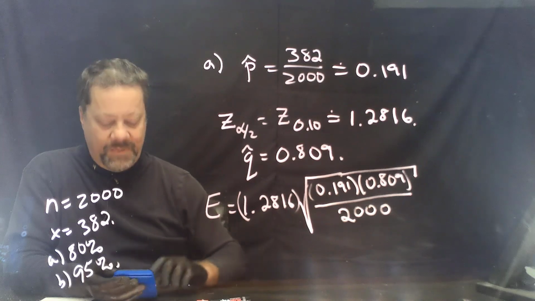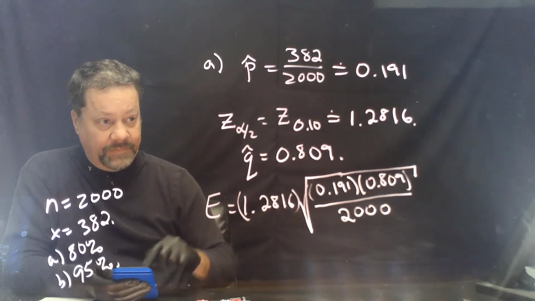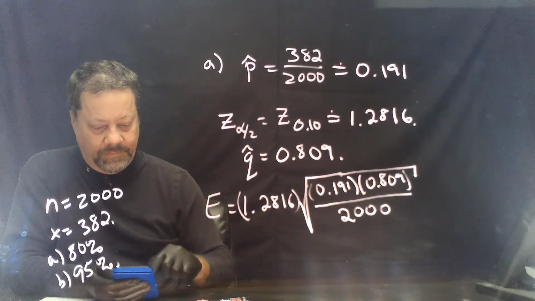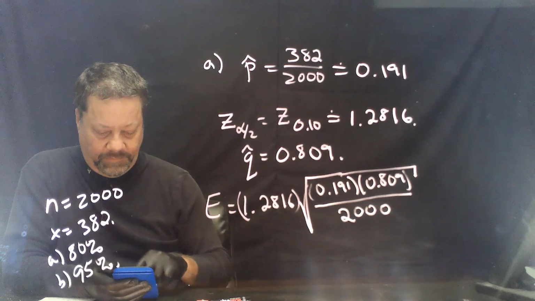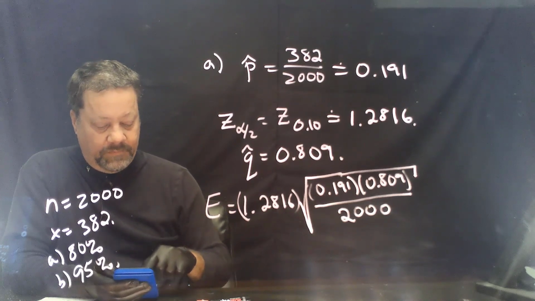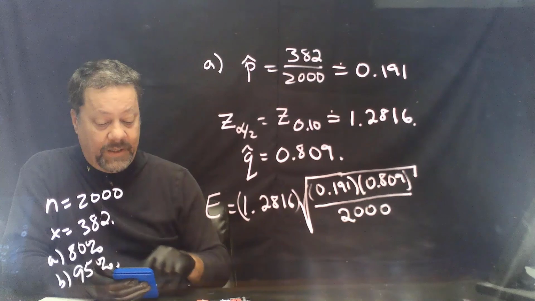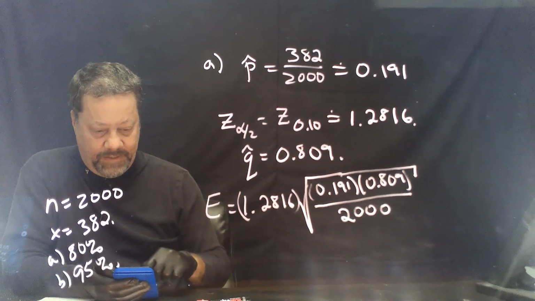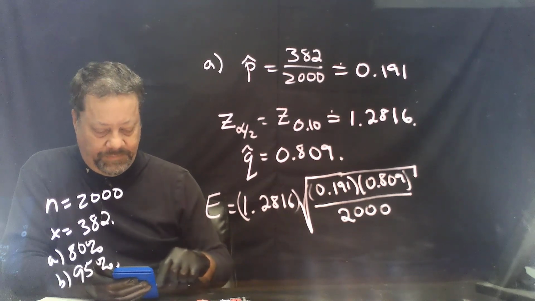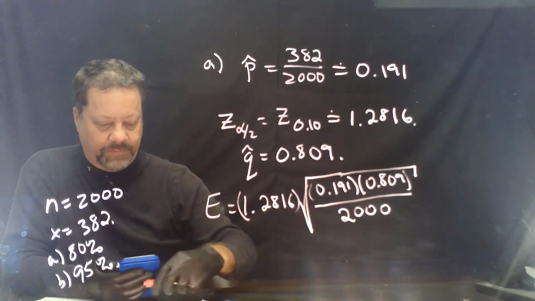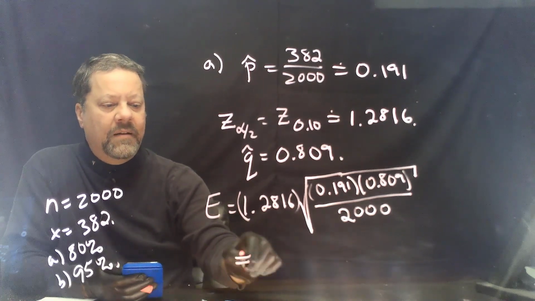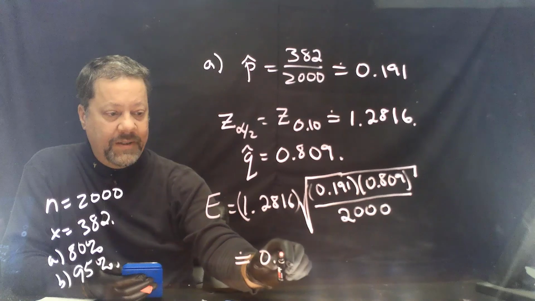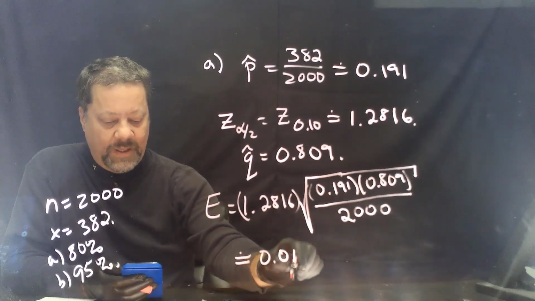Let's crunch those numbers. 0.191 times 0.809 divided by 2,000. I'm getting about 0.011.